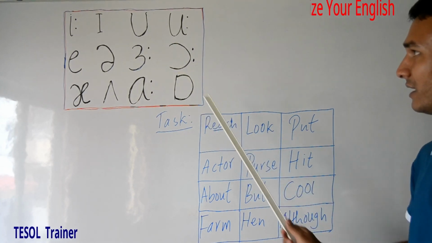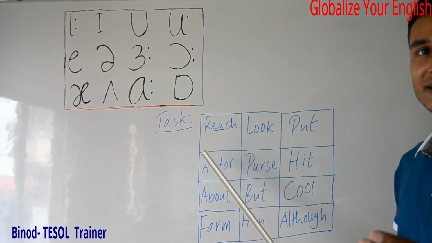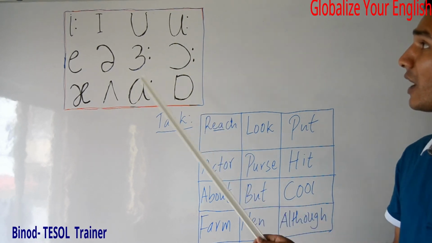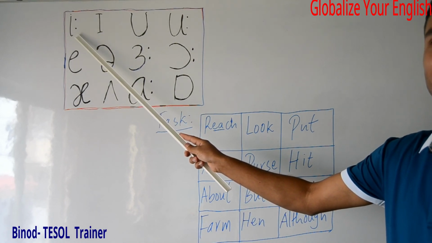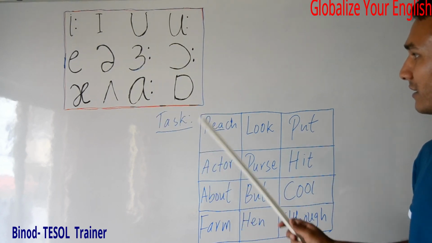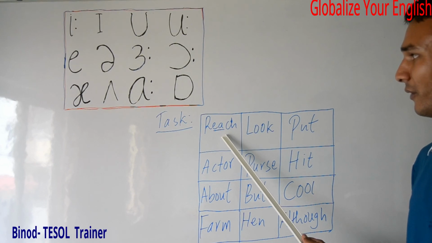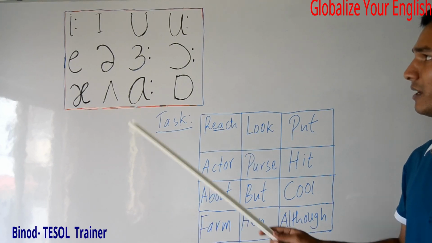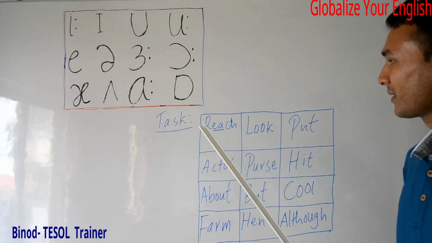I will produce the word, you identify the sound. For instance, if I say reads, which sound do you get here? I think that one, long E, right? So your work is to find the proper sound here and write the number in the comment section below.